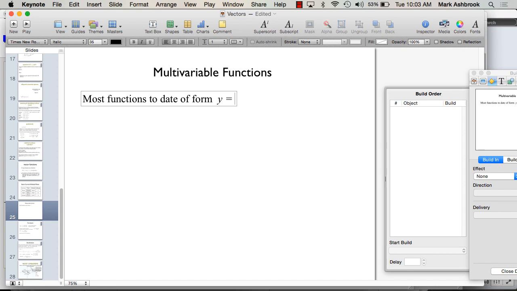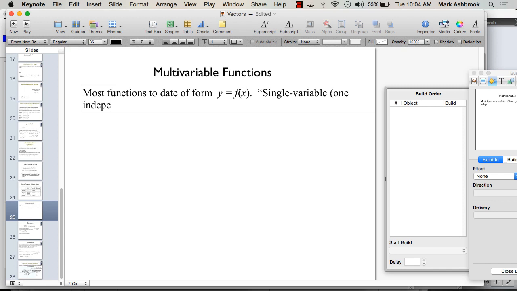So what does all that mean? Single variable refers to what? No, single variable means one input, one independent variable. Did I say dependent? Sorry, I should have said independent.